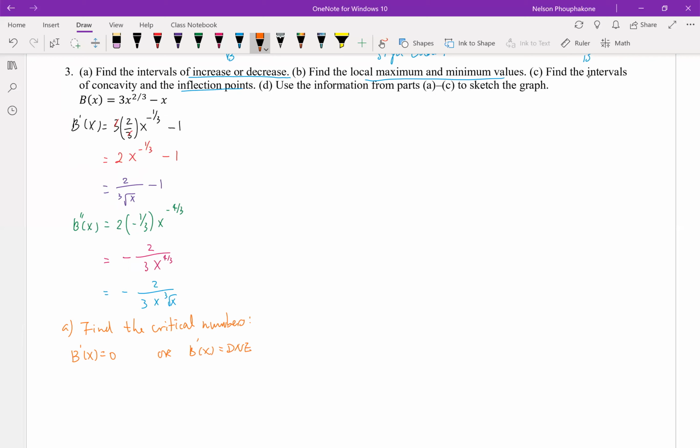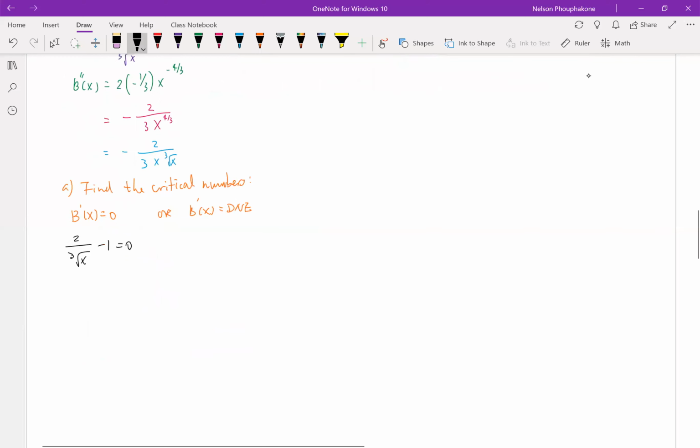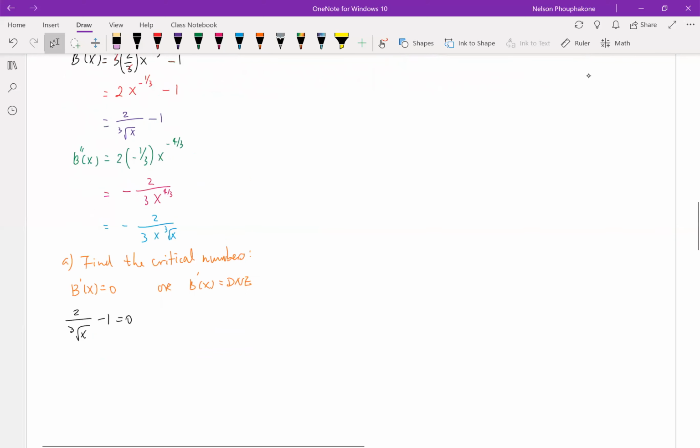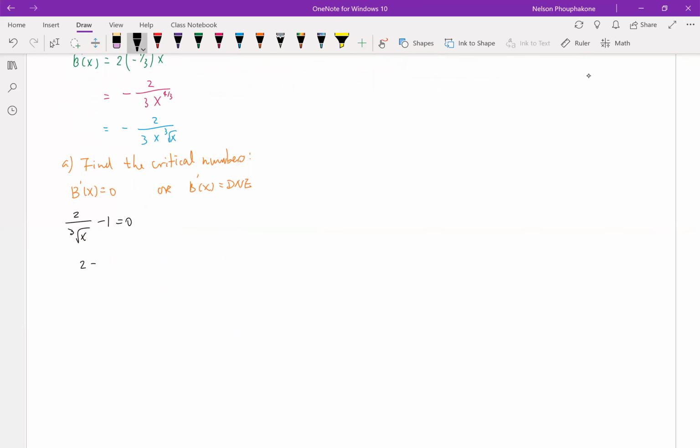Then now we could have 2 over cube root of x minus 1 equal to 0. Then I will have 2 minus cube root of x over cube root of x.